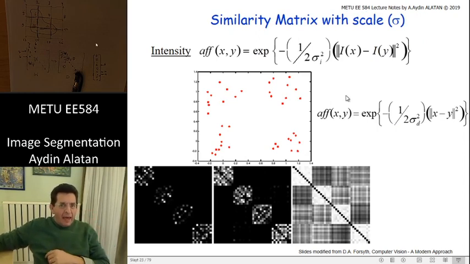Let's go back to, again, how do we define an affinity in terms of intensities? Just the intensity of x and y, you subtract them, e to the minus, divided by sigma_I squared. You will have, for example, an intensity-based affinity matrix. Here is a toy example, no intensities, 40 numbers here, only xy locations.